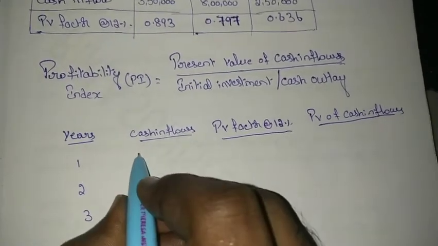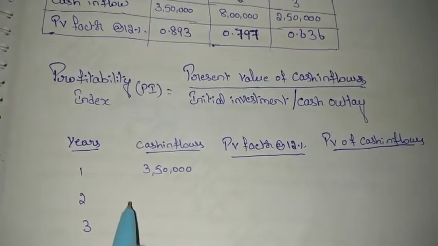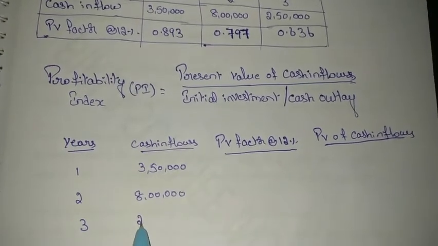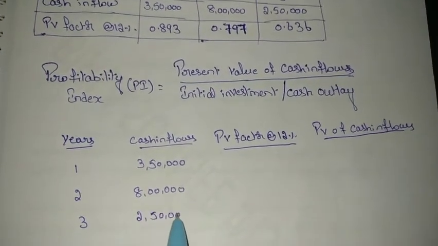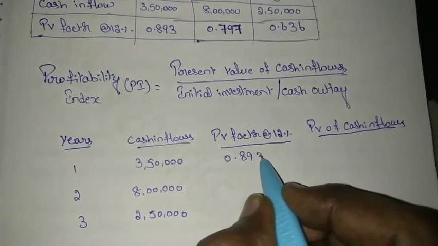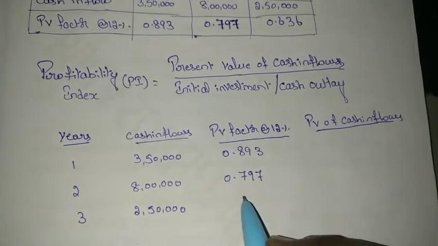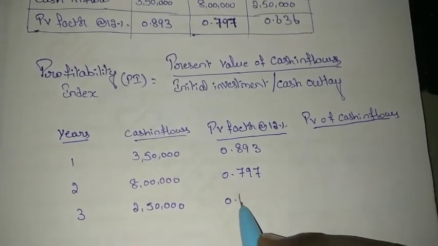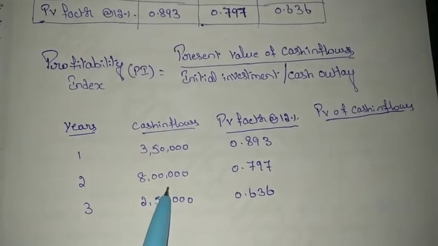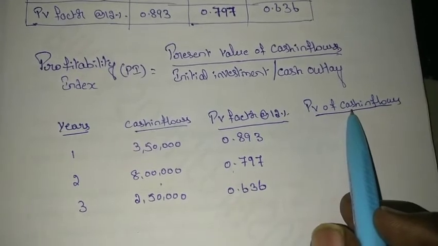Cash inflows: first year 3 lakhs 50,000, second year 8 lakhs, third year 2 lakhs 50,000. The PV factors given are 0.893 for the first year, 0.797 for the second year, and 0.636 for the third year. Now by multiplying cash inflows with PV factors, you will get the present value of cash inflows.